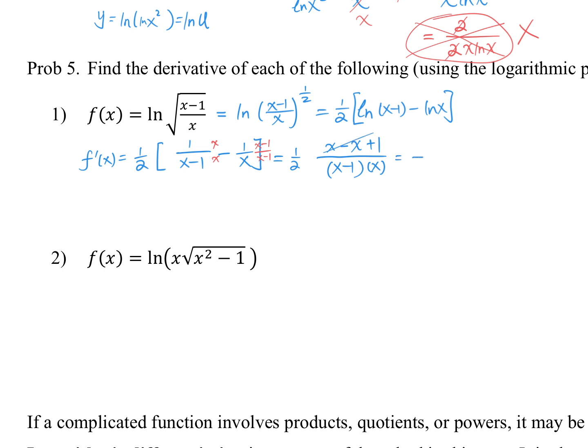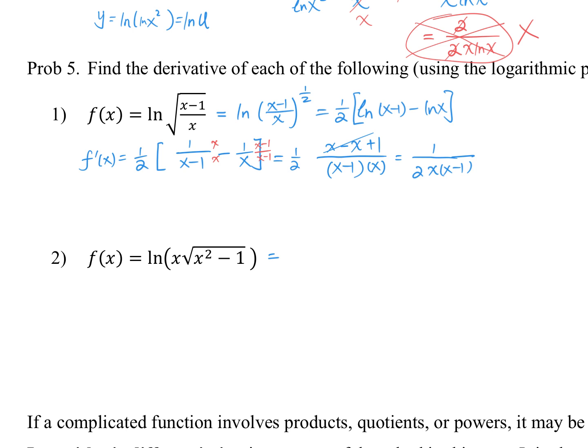So finally you have 1 over 2 times x times x minus 1. This is a little more simplified, but again I'm fine with this actually, because we are focusing on finding the derivative.